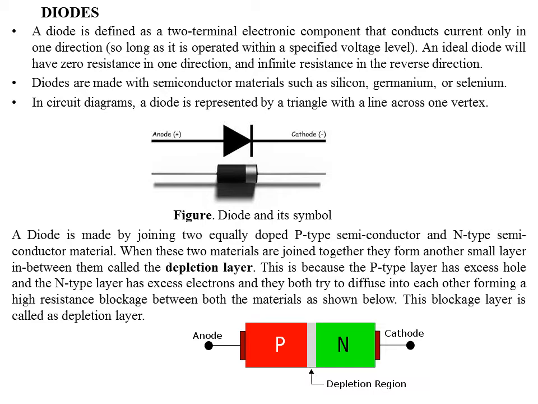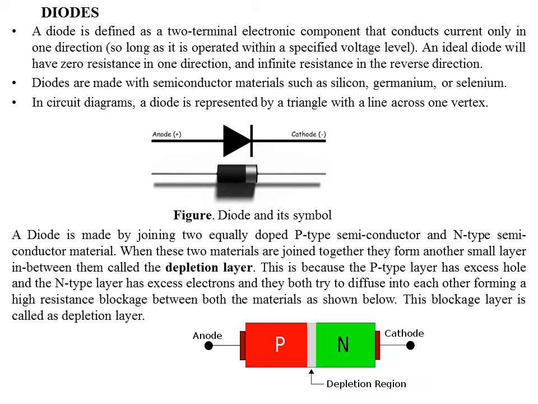The negative voltage will pump more electrons into the P region and the positive voltage will pump more holes into the N-type material, causing the depletion layer to become stronger and allowing no current flow through it. As I said in the beginning, diodes allow the flow of current in one direction only.